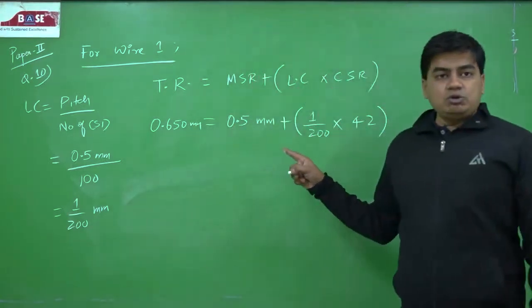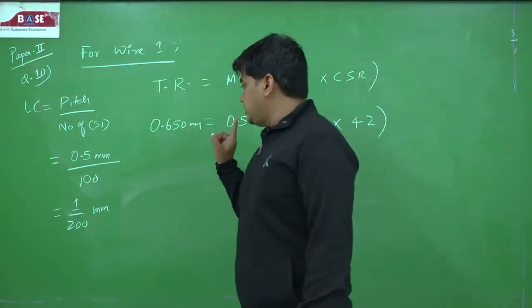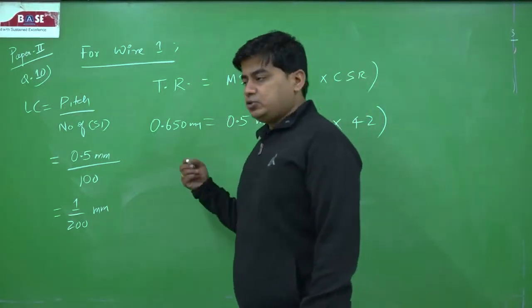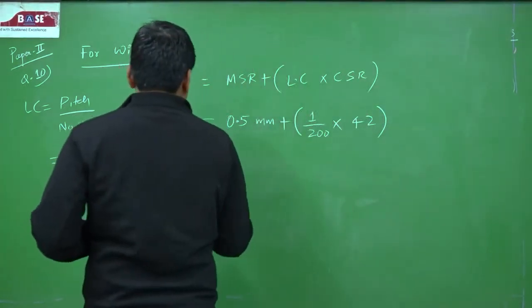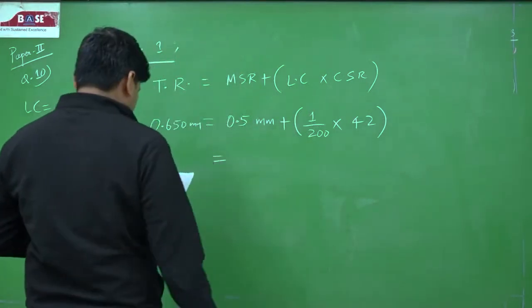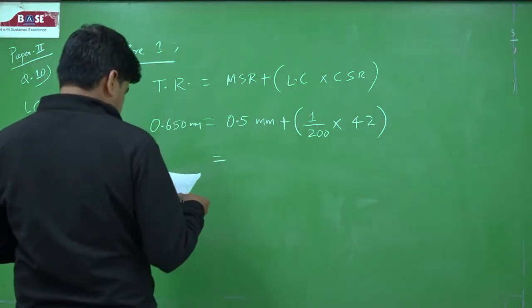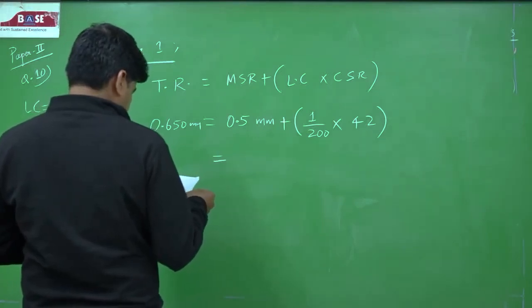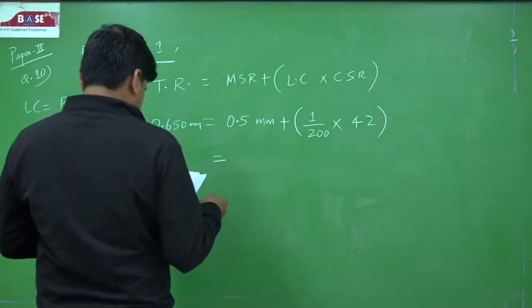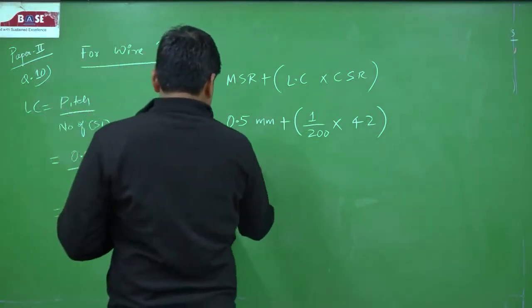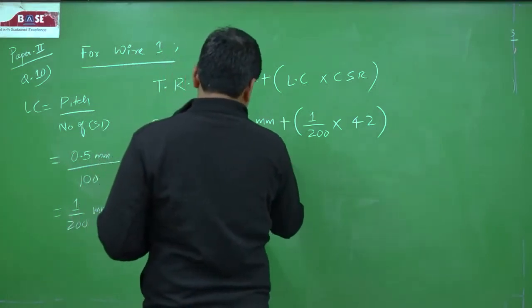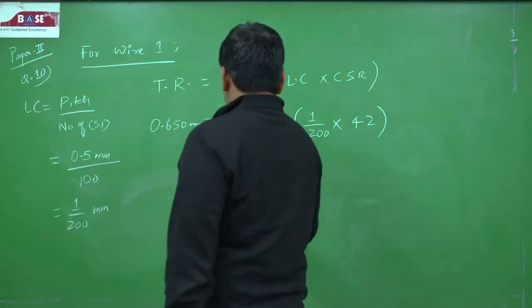If both come out equal, there is no zero error. So let's check. The right-hand side comes out to 0.71.